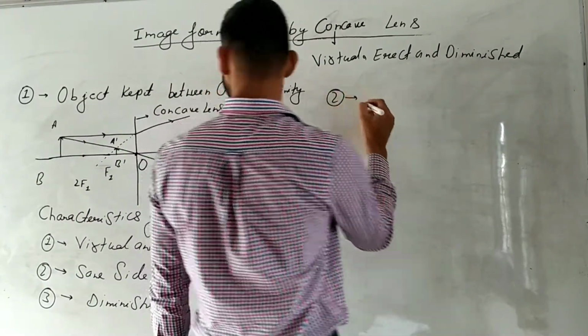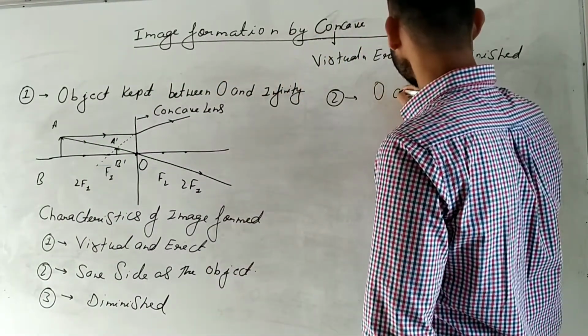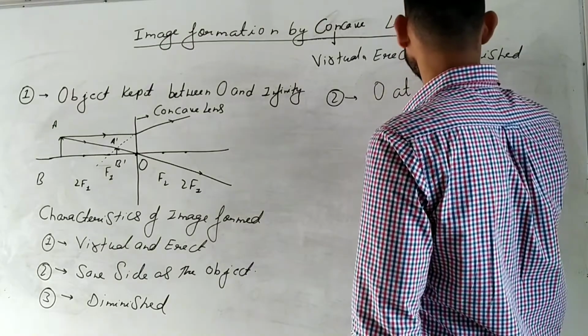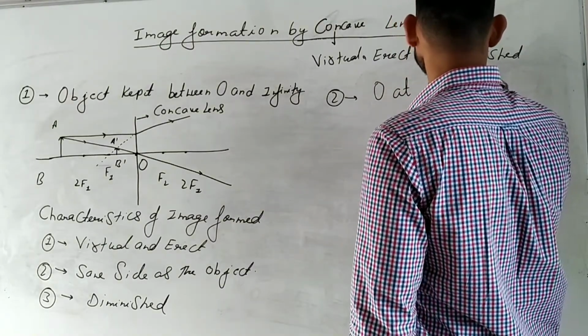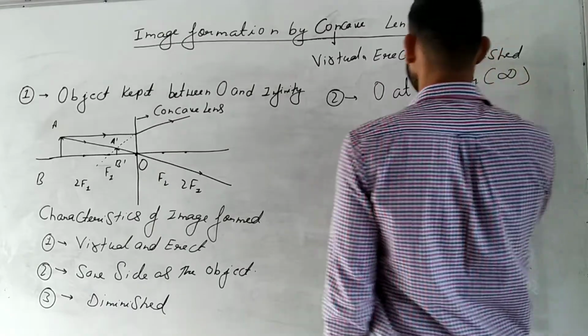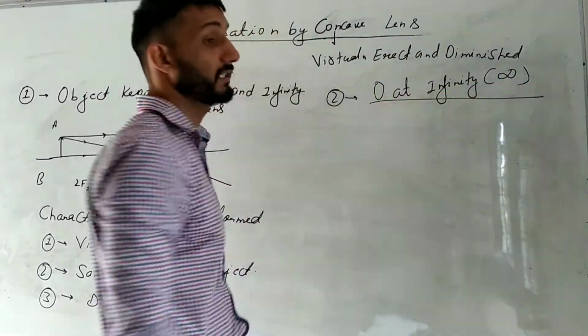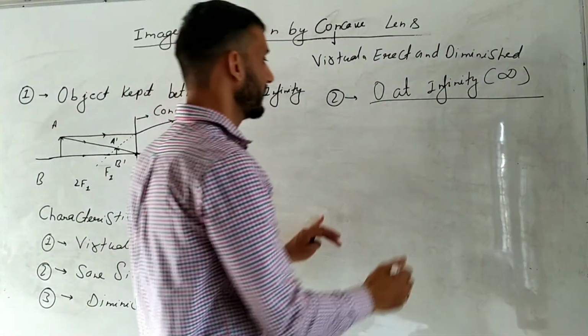One more image formation for this, object at infinity. So if the object is at infinity, you know that object at infinity, image will be formed at focus. So straight line, mentioning that it is a concave lens.